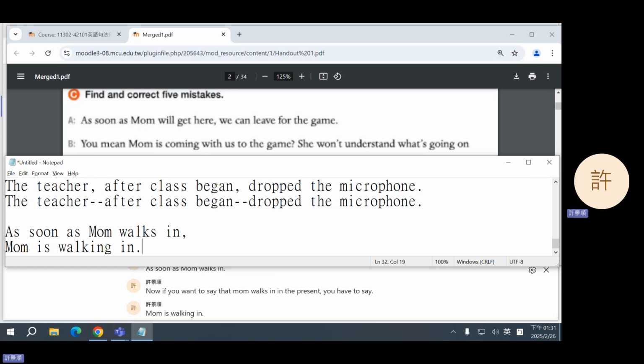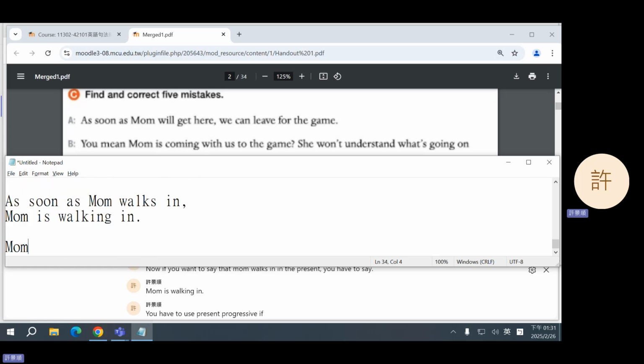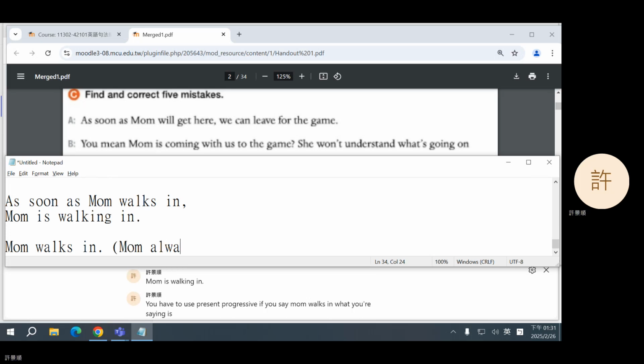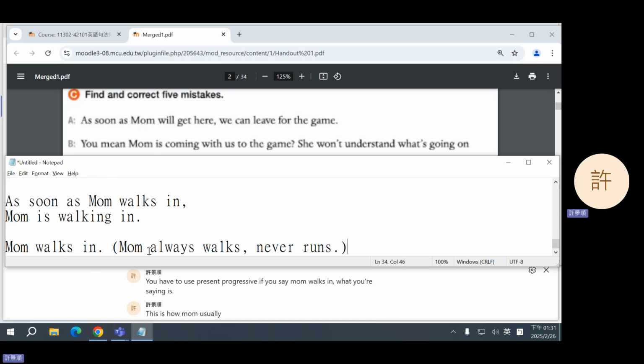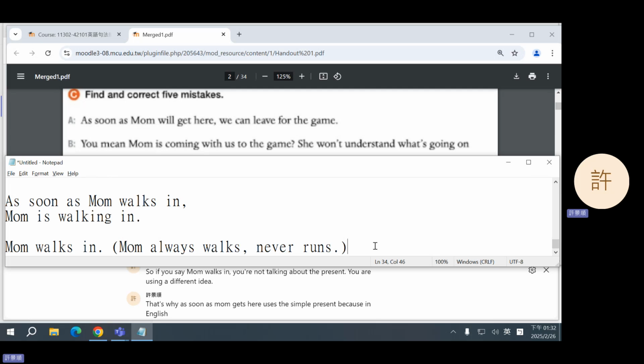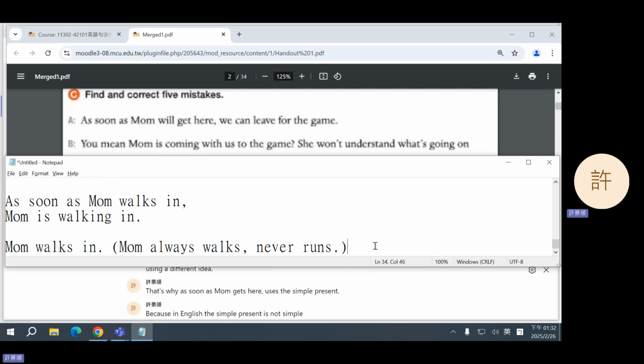You have to use present progressive. If you say mom walks in, what you're saying is this is how mom usually comes in. So if you say mom walks in, you're not talking about the present. You are using a different idea. That's why as soon as mom gets here uses the simple present, because in English, the simple present is not simple and not present.